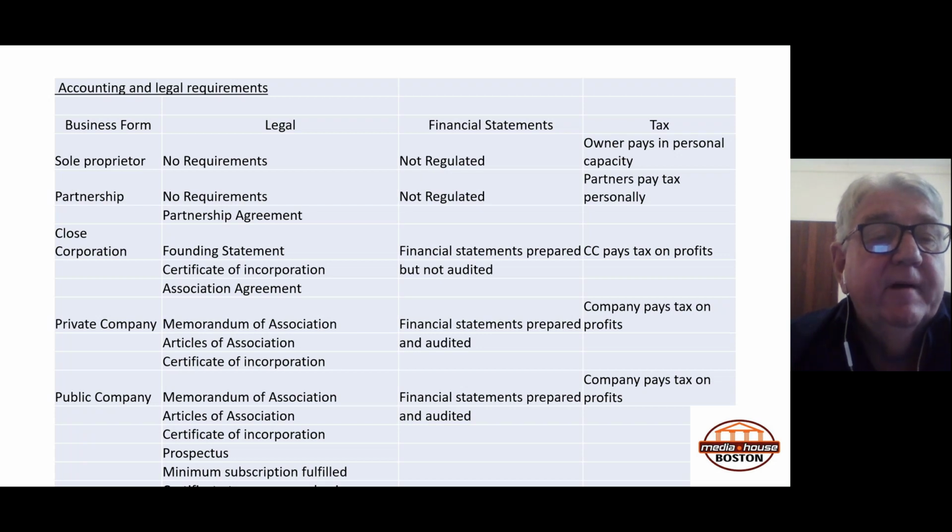And in there will be a founding statement. Okay? And there'll be a certificate of incorporation, and there'll be an association agreement. Now, that association agreement is fairly similar to your partnership agreement, but these are legal documents that you have to file with the CIPC if you start a company or closed corporation.